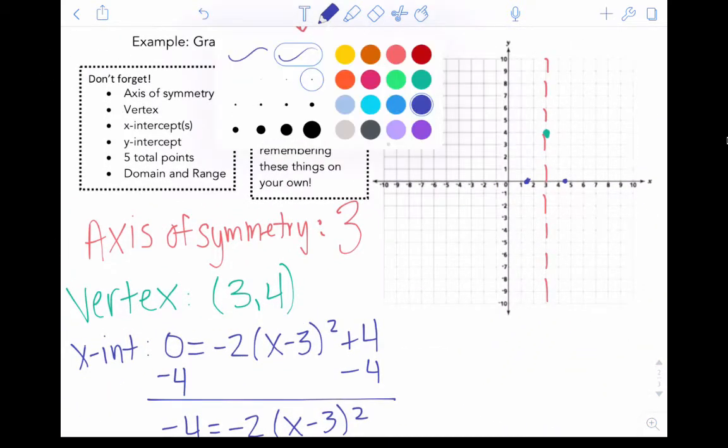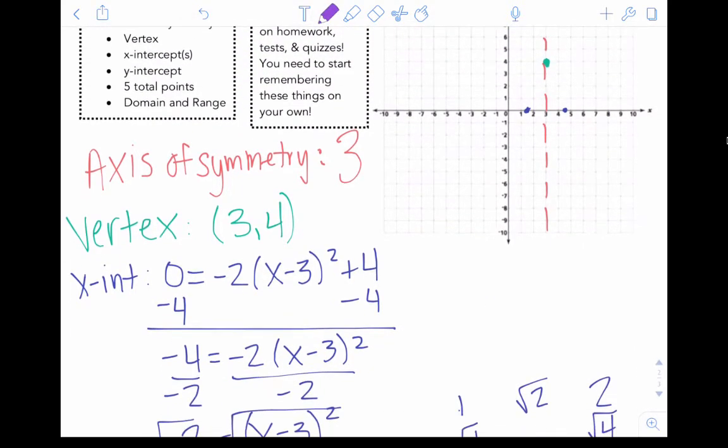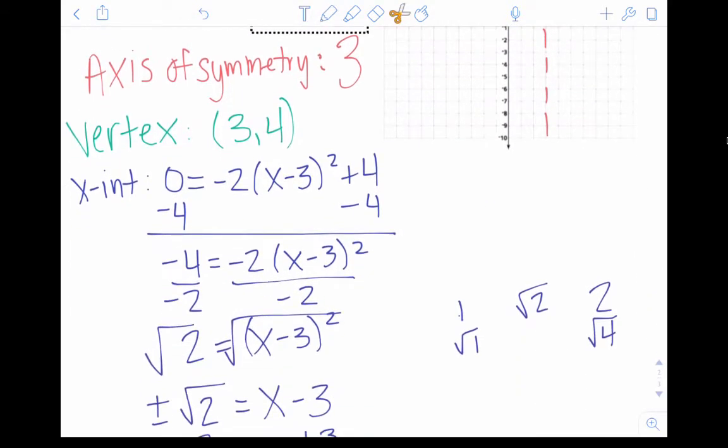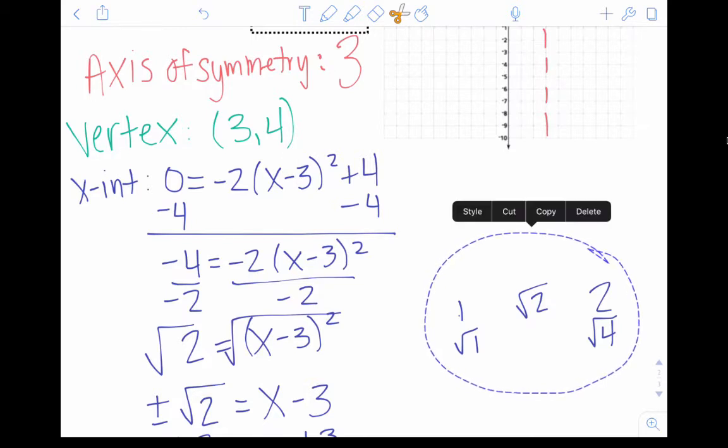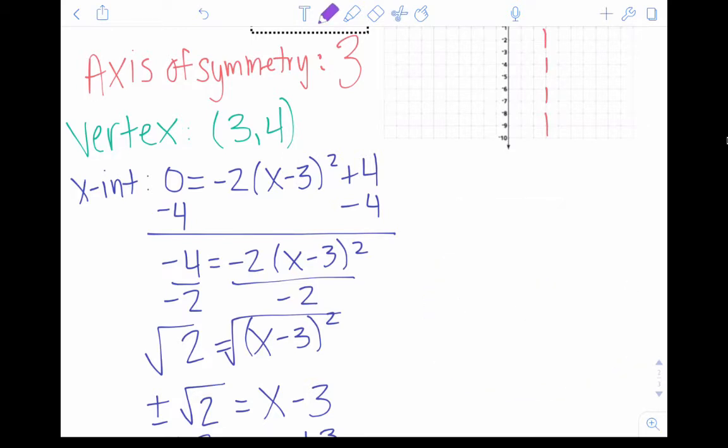Next, I need to find my y-intercept. So to find my y-intercept, I need to set x equal to 0. So I have y equals -2 times the quantity (0 minus 3) squared plus 4.